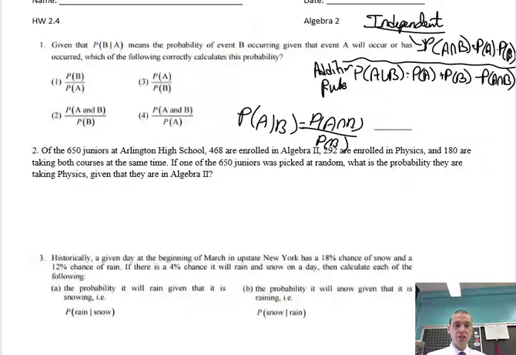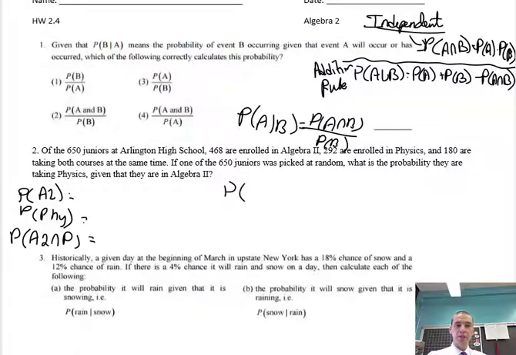Number 2. Let's look at this real quick. I'm not going to necessarily do it all, but I need to see probability of A2, probability of physics, and probability of A2 and physics. We need to have all those probabilities written out. Why? Because we're looking for the probability that they take physics given A2, which we know from the rule, and I do expect to see this.